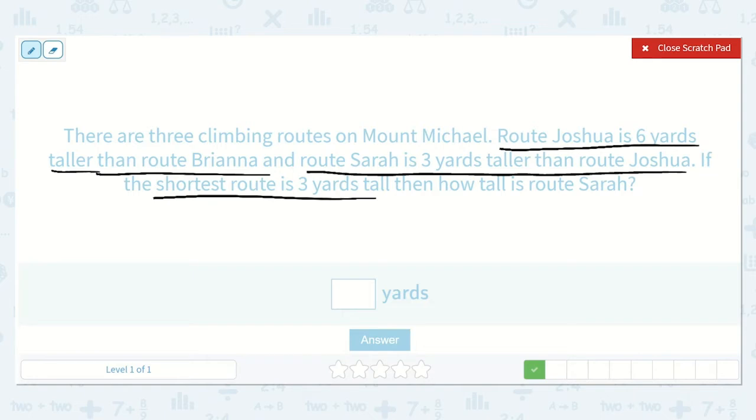We know that Route Joshua is 6 yards taller than Route Brianna. So I'm going to draw a line. This can be Route Brianna. And we know that Route Joshua is 6 yards taller, so we're going to make a line that is taller. And this can be Route Joshua. We know that this amount is 6 yards taller.